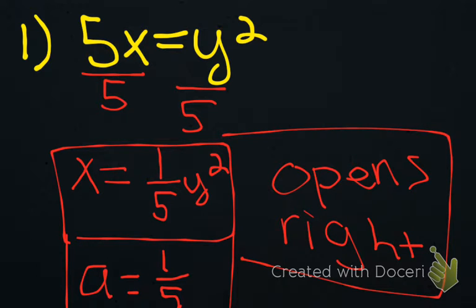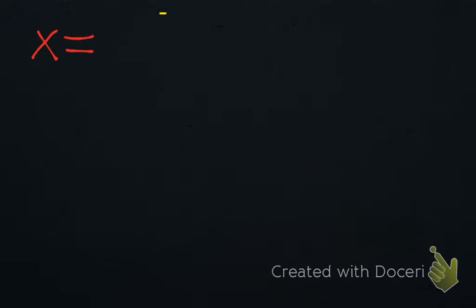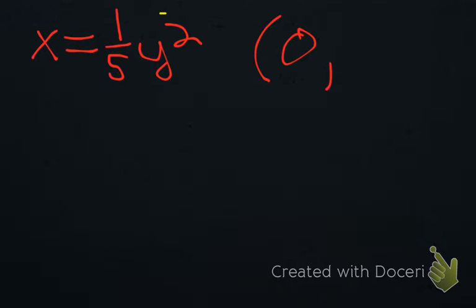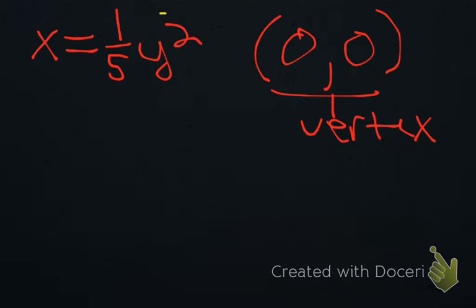So in the vertex form, sorry, let me just go back. We had x equals 1 over 5 y squared. Since we have that, we can go ahead and assume that our vertex is going to be 0, 0. We can say this because if you remember, the vertex is h comma k, and we do not have an h or a k.